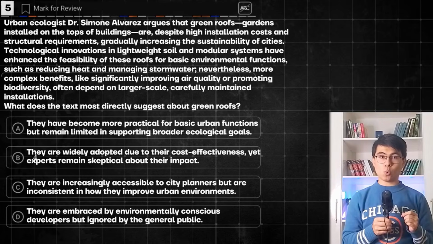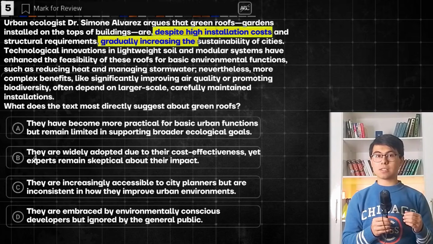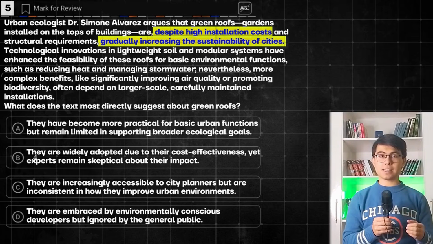3, 2, 1. So urban ecologist Dr. Semeni Alvarez argues that green roofs, gardens installed on top of buildings, are, despite high installation costs and structural requirements, gradually increasing the sustainability of cities.